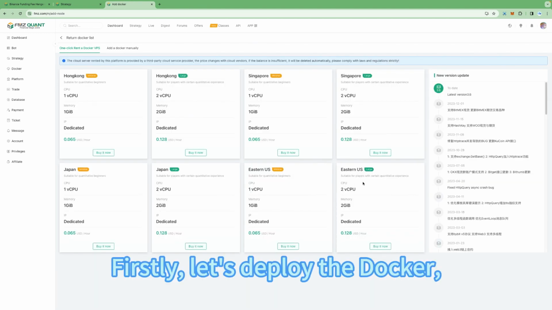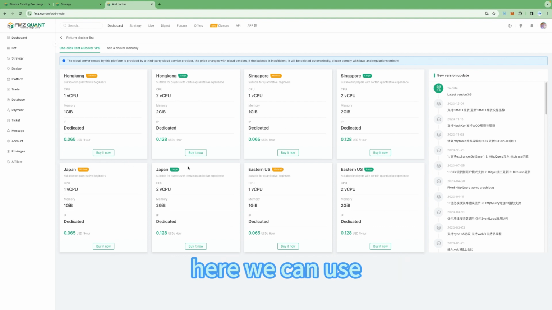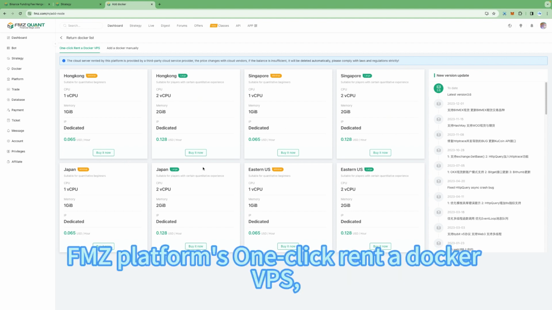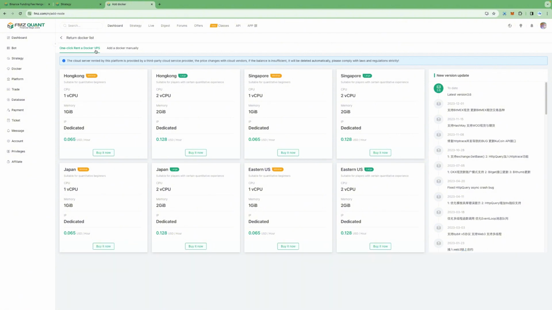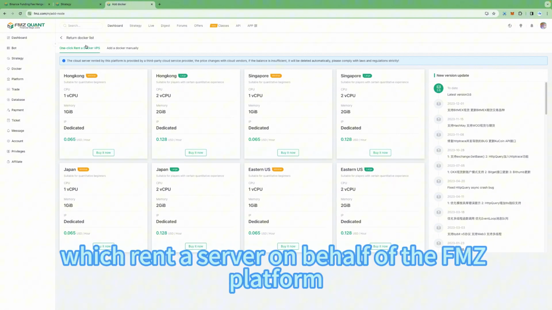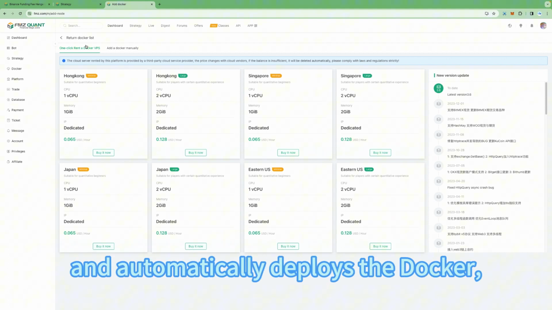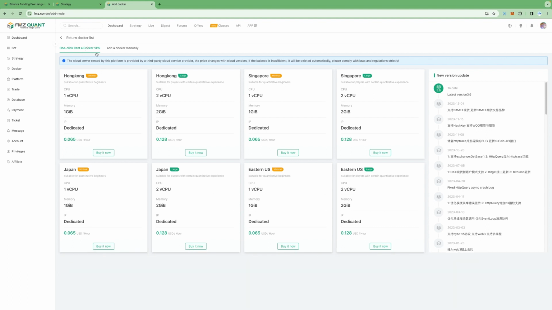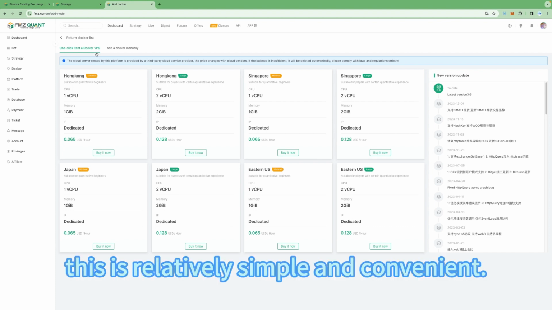Firstly, let's deploy the Docker. Here we can use FMZ platform's one-click rental Docker VPS, which rents a server on behalf of the FMZ platform and automatically deploys the Docker. This is relatively simple and convenient.